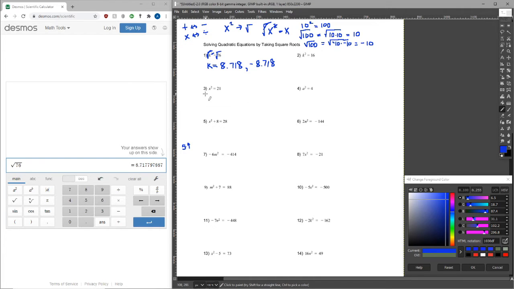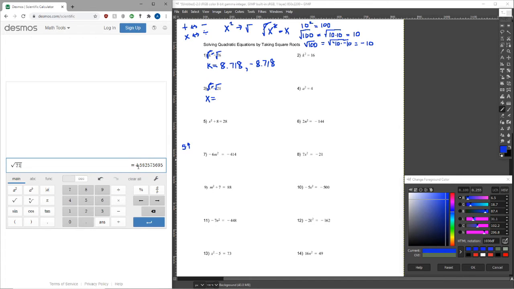Okay, let's look at number 3. Kind of the same idea. You have x squared, so use your square root on both sides. Square root cancels out the square, leaves x all alone. And we're going to come on over here, clear what we've done before, and hit our square root button because we want to square root the 21. Okay. Just like the other one, I would like you to take 3 places after the decimal.